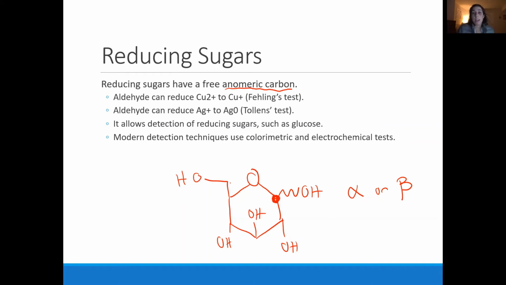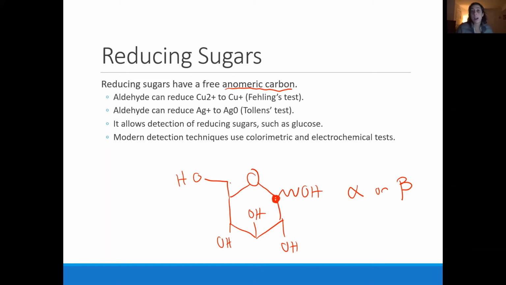Some of the detection methods utilize metals. One is called the Benedict's Test, which utilizes copper. And as you can see, it's going from a change in charge. That's where this name of reducing sugar comes from. It can undergo this oxidation reduction reaction with a metal.